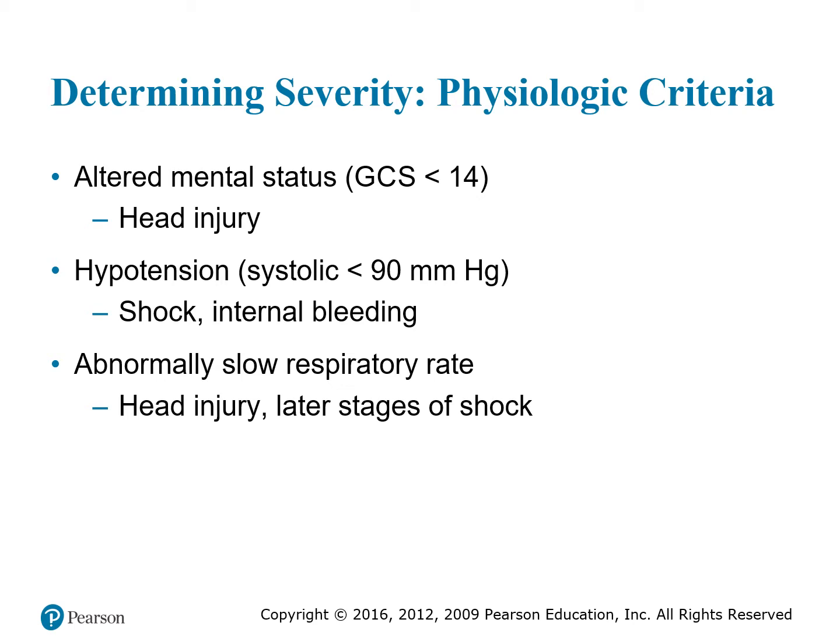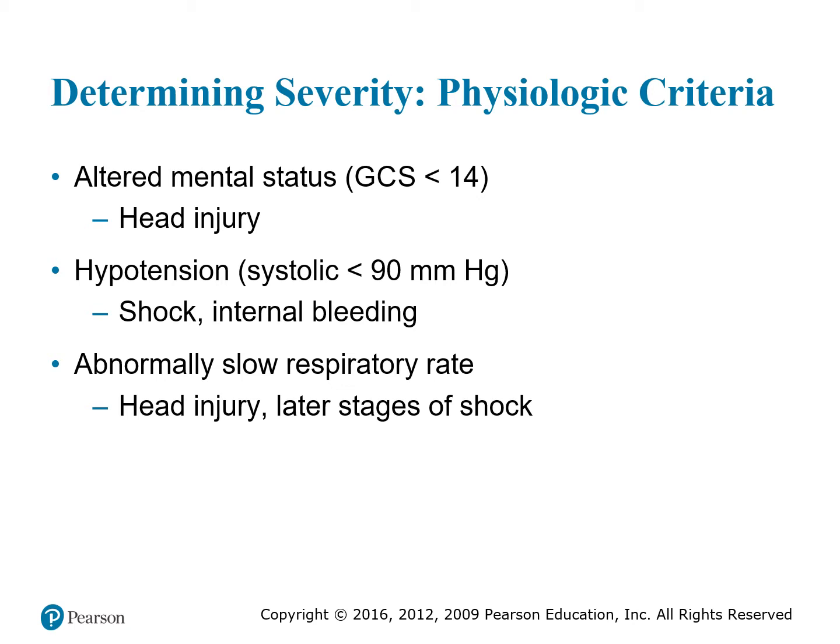A third sign here will be abnormally slow respiratory rate. Head injuries, right? So we have the Cheyne-Stokes breathing pattern, which, if we remember what that is, is a sign of a severe head injury. We can also have those ataxic respirations, which are completely irregular, which are obviously really bad.